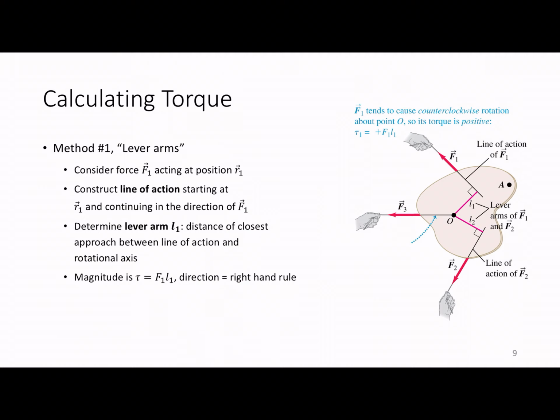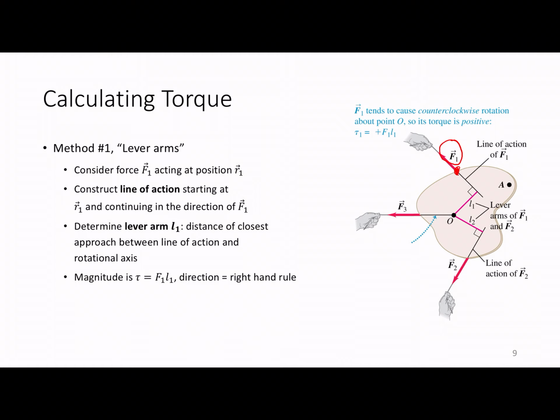One is called the method of lever arms. So we're going to illustrate this by talking about this force F1, and then I want you guys to think about F2 and F3 after the fact. So the way this is going to work is, imagine F1 is, let's say we're pulling on a string, and it's acting at this particular point on this object.